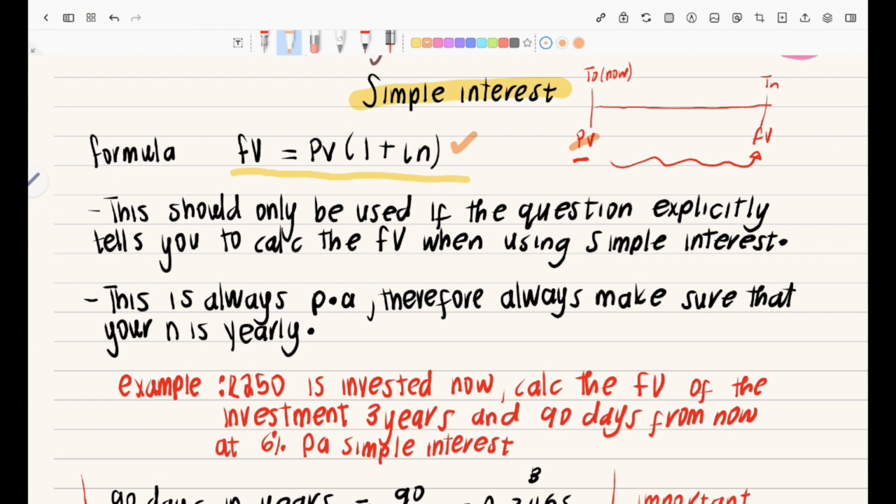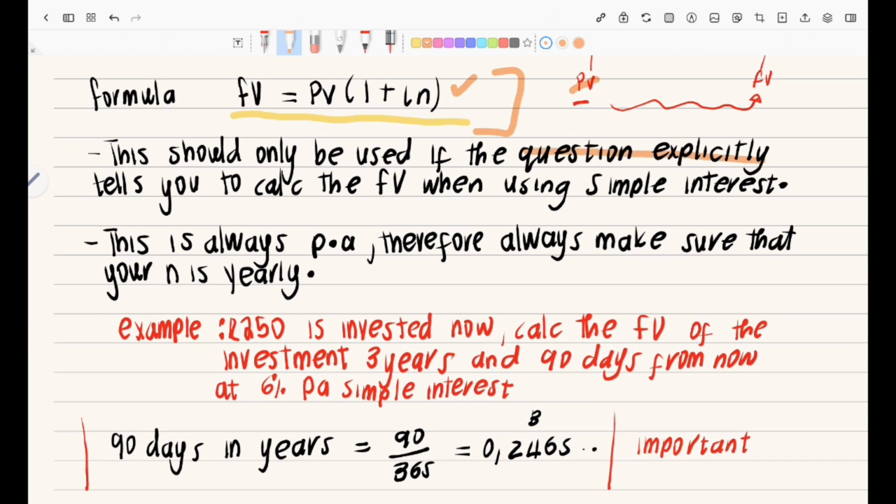You should only use the simple interest formula for calculating future value when the question explicitly tells you that you need to calculate the future value using simple interest.